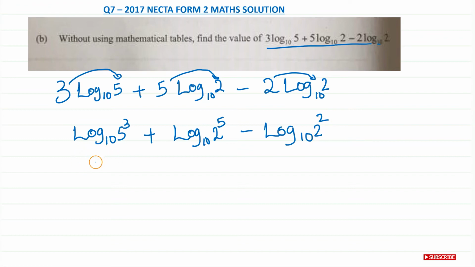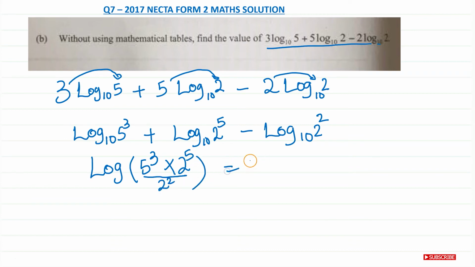Right, so we can now say this plus this is the same as log 5 cubed times 2 to the power 5 divided by 2 squared.